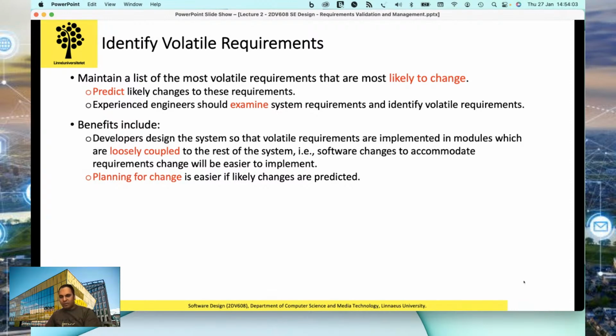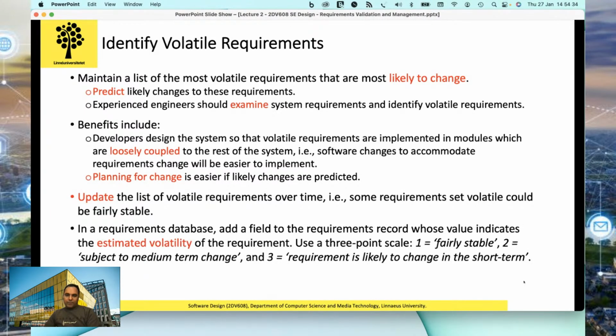And one good design decision, if you know that a requirement might change a lot, is to implement it independently in a loosely coupled fashion, so that it does not significantly affect other components. It only changes itself, and you can replace only that component.